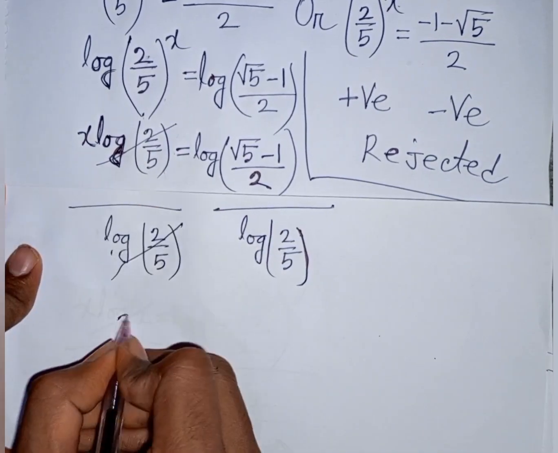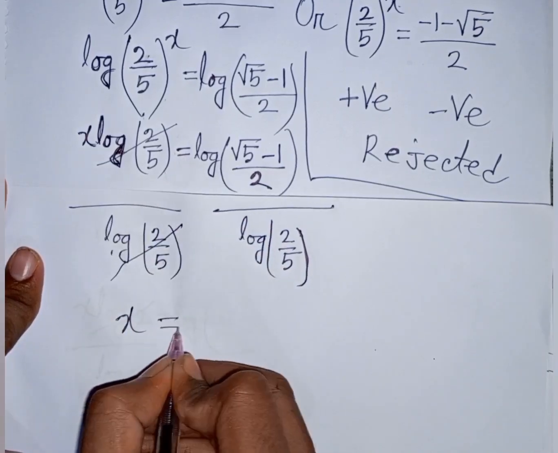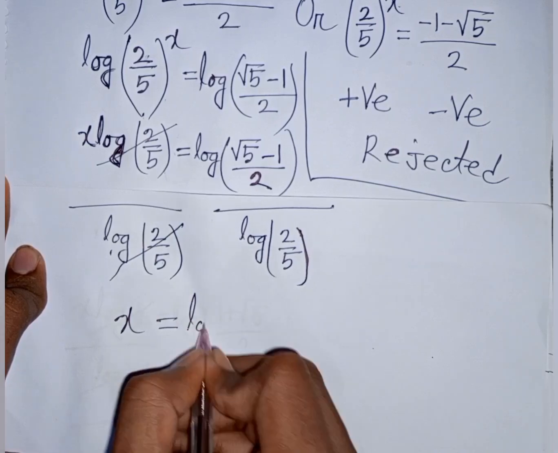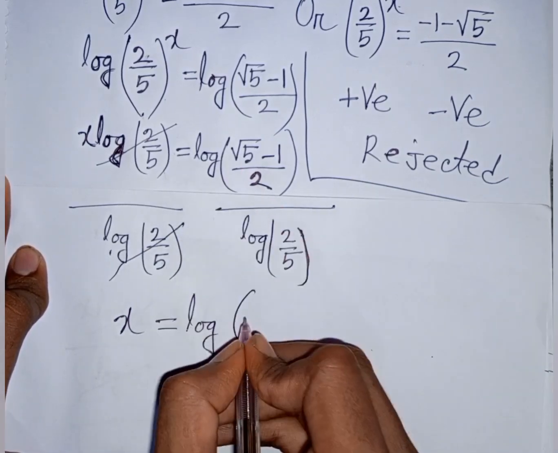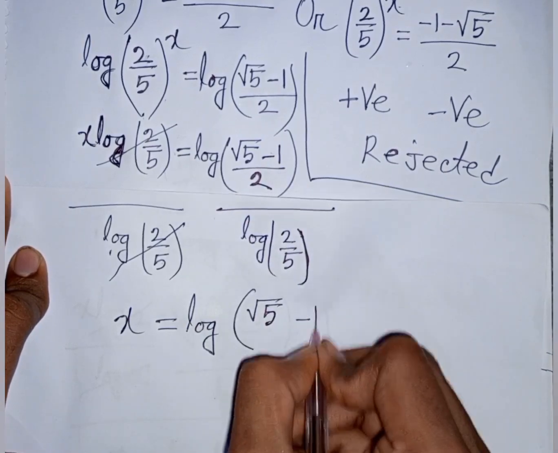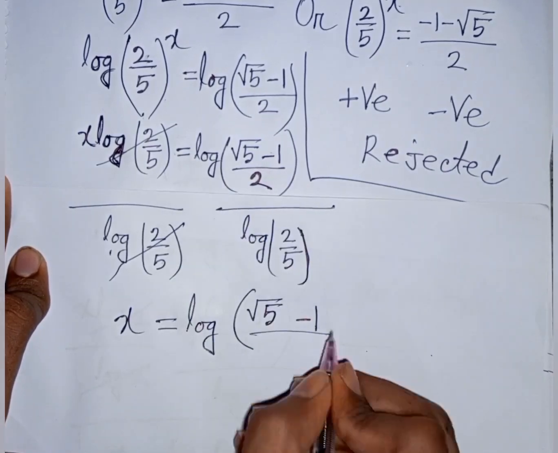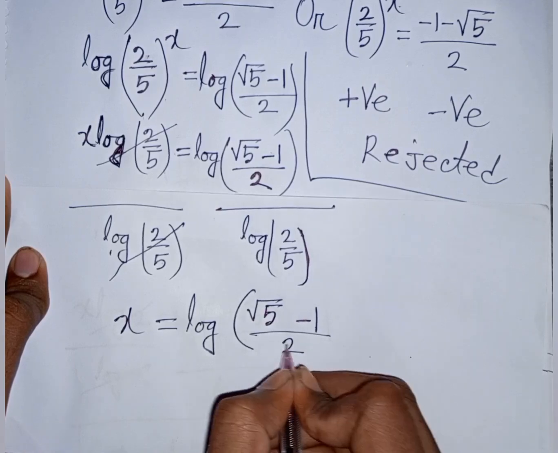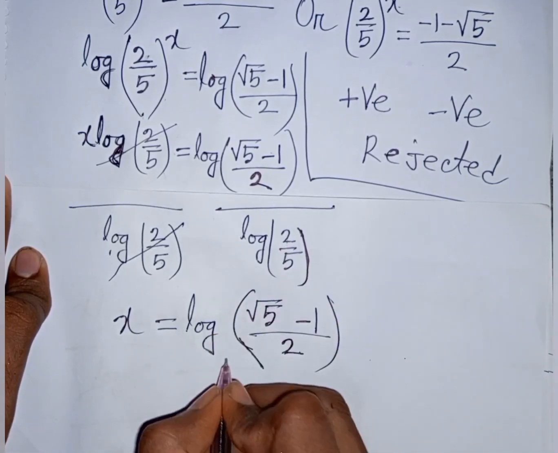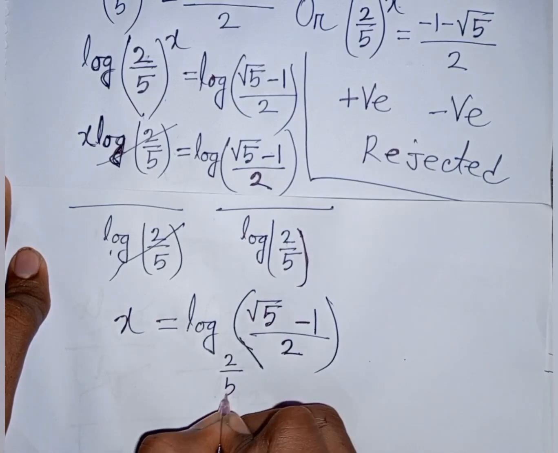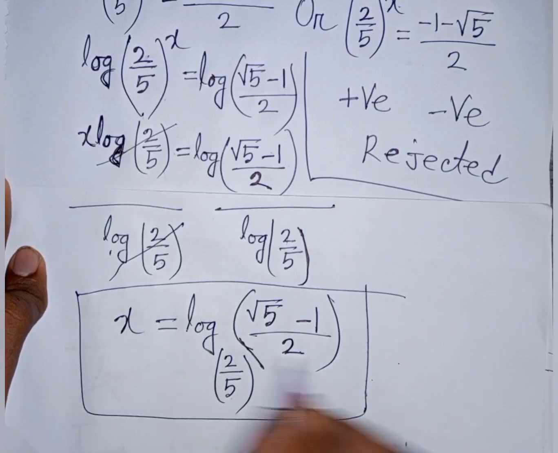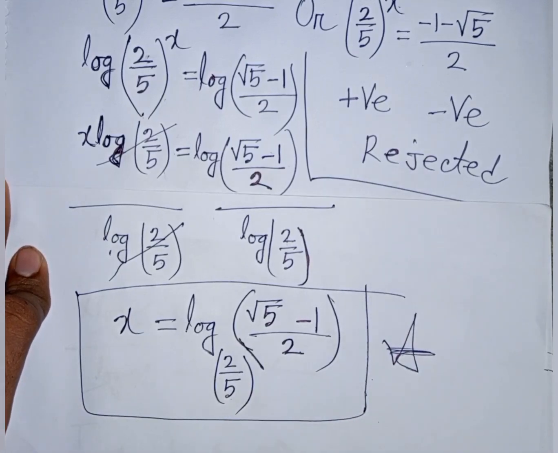So here x will be equal to this divided by this, that means it will be log of square root of 5 minus 1 over 2, then base of 2 by 5. So this is the value of x, so this is our final answer.